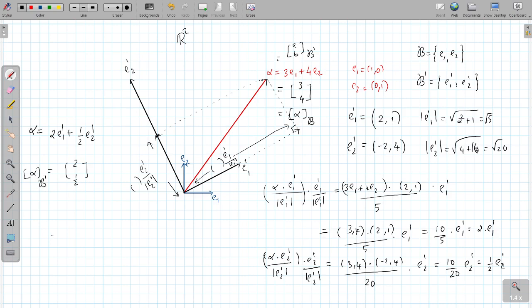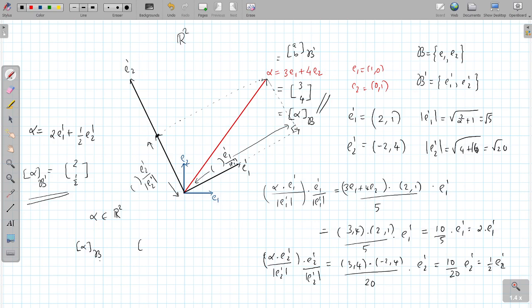Now here we have the coordinate of alpha with respect to B, that is this one, and this is the coordinate of alpha with respect to B prime. So for any vector alpha belonging to R2 or any vector space, we can get the coordinates of alpha with respect to bases.